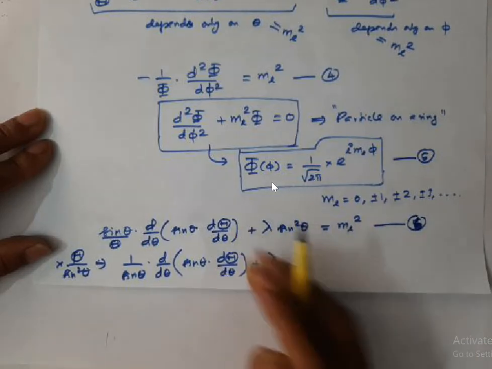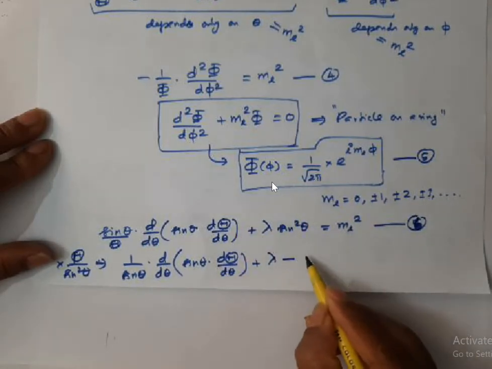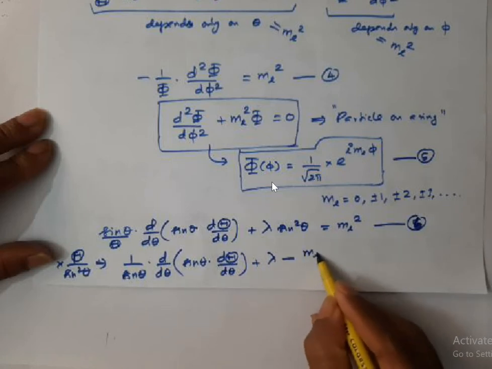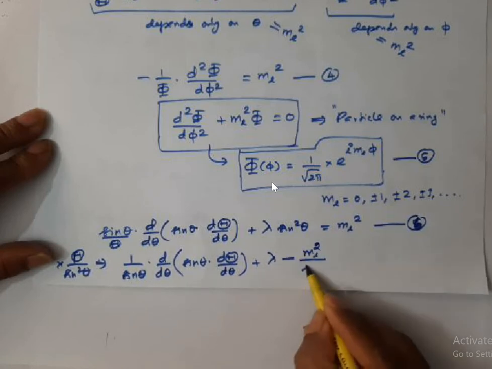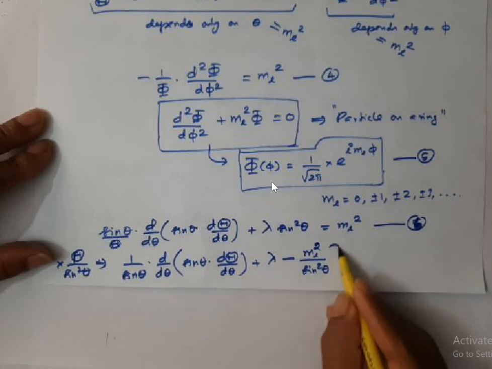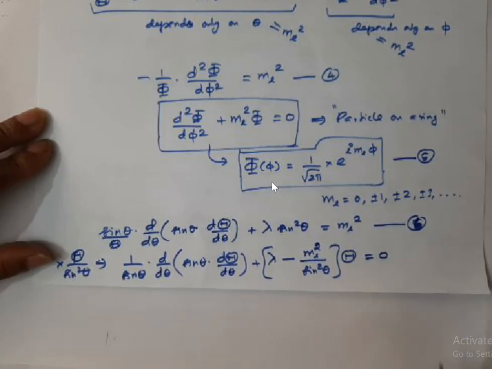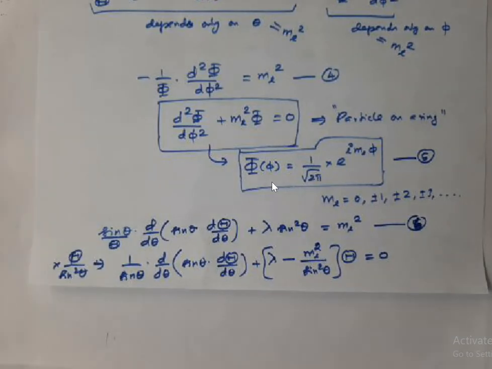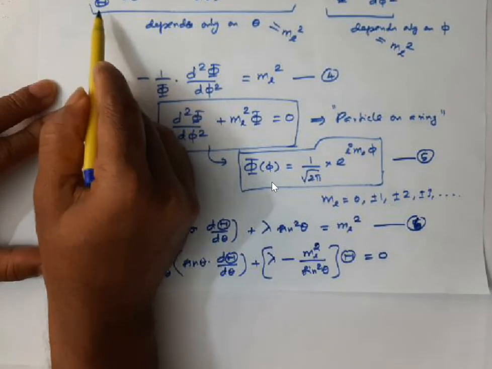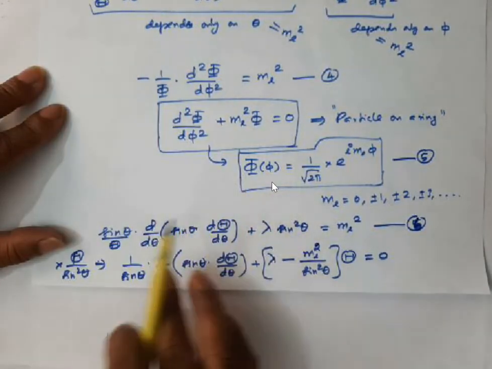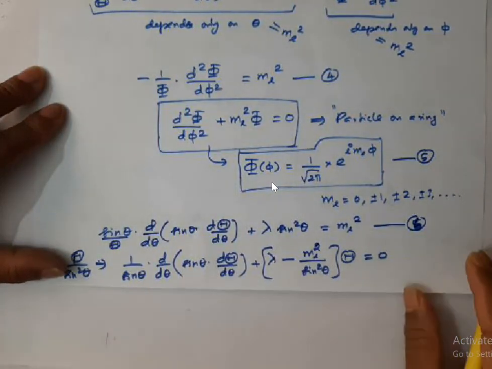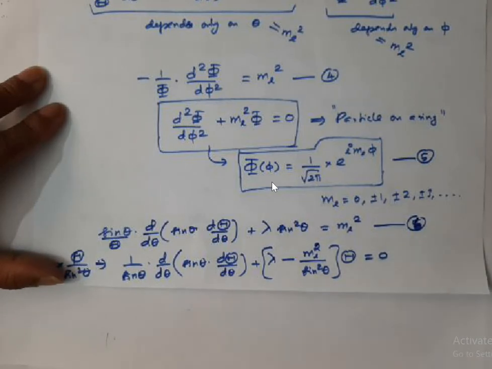I'll bring it to the left hand side, so I can write directly this as lambda minus ml square by sin square theta, and I'll take this big theta out, equal to 0. I think you can easily follow this equation. I just missed this big theta, so I'll resubstitute that, and this is the expression. Now we need to solve this equation.